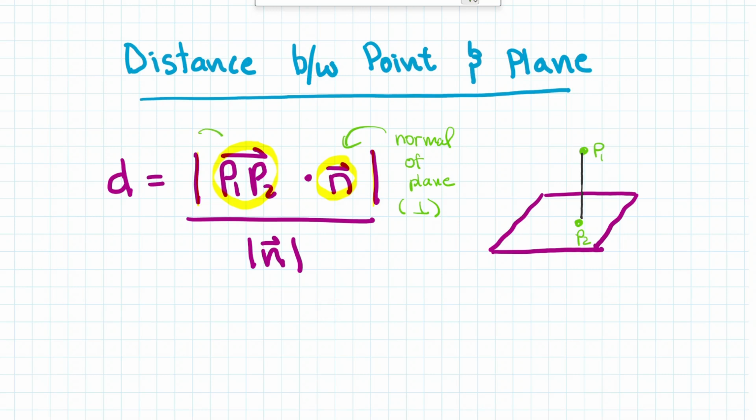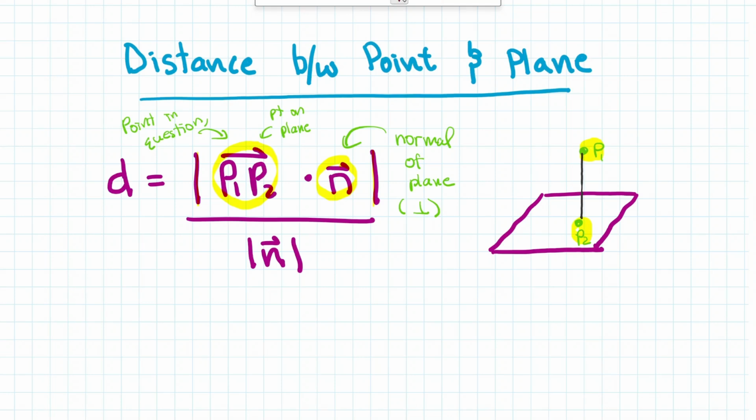And then vector P1P2 is a vector formed between the point in question, which is going to be P1, and P2, which is going to be a point on the plane. So we need this vector that's created, like you can see over here, that has the point in question, P1, and then P2, which is some point on the plane, and then n, which is the normal of the plane.